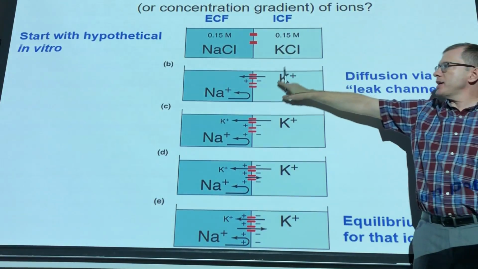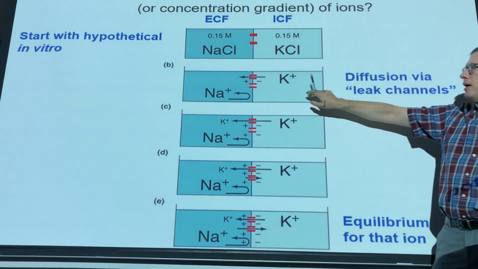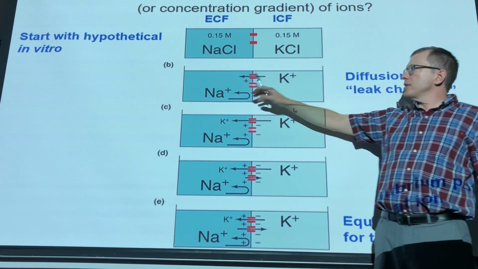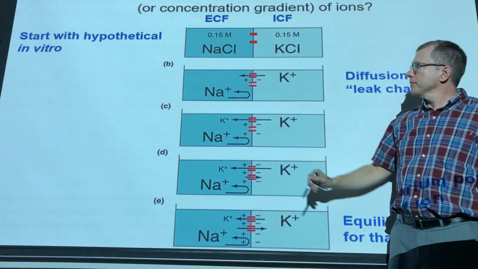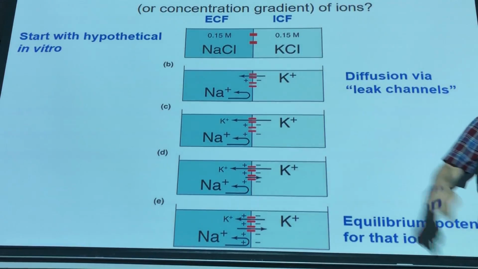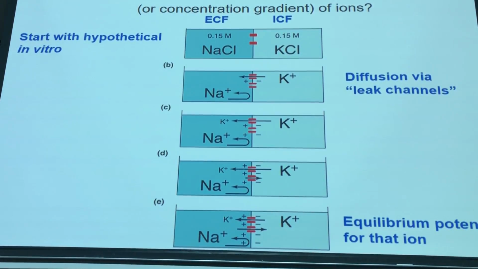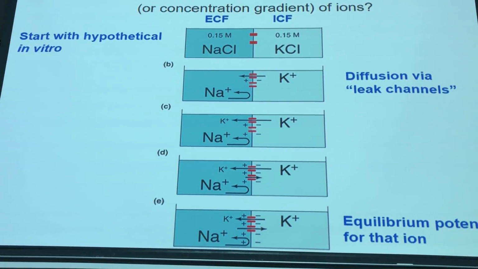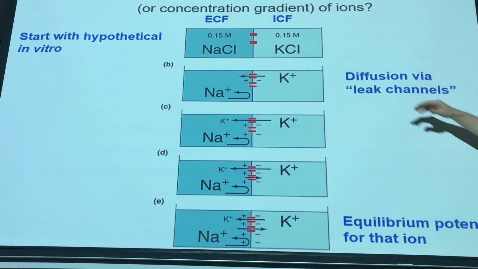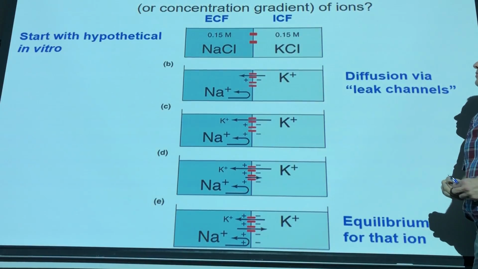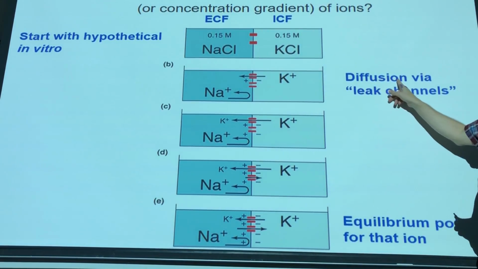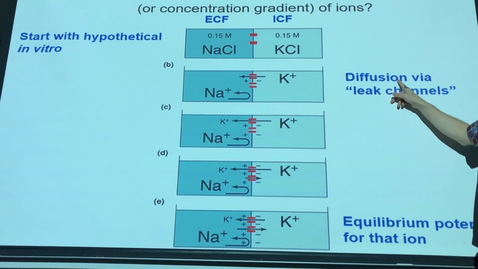You've got a bunch of potassium on this side, and you have relatively little on the outside, so it's going to flow down its concentration gradient, okay? So that's basically what is happening there, and it will continue to flow, okay? And it's simple diffusion, okay?